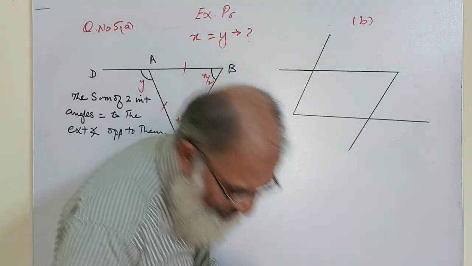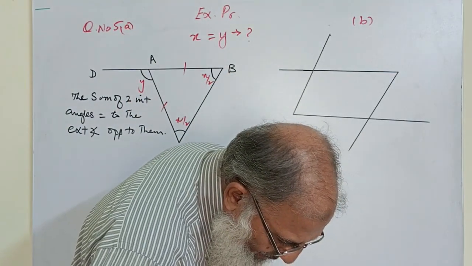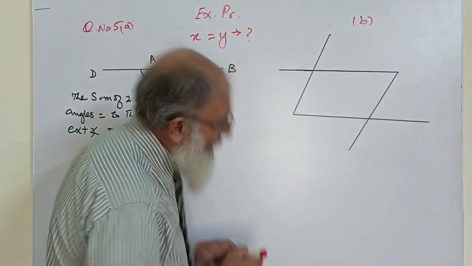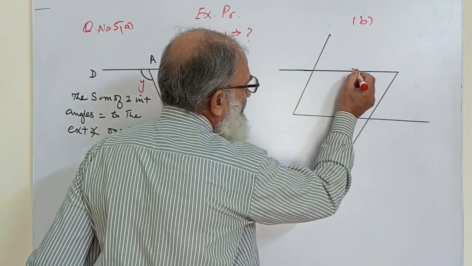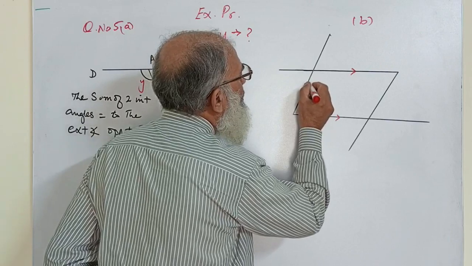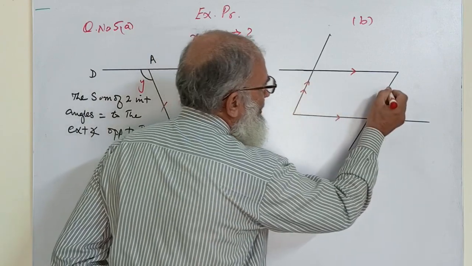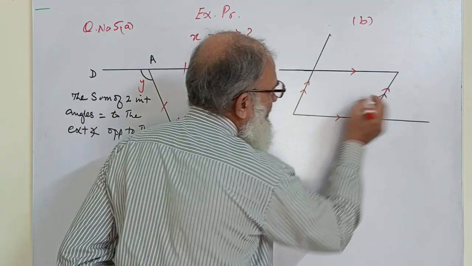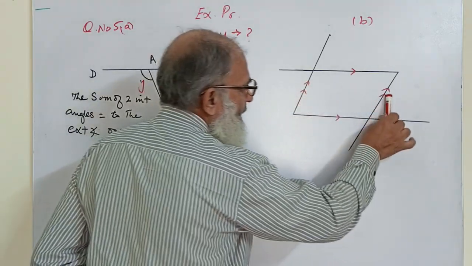Now for this one, there are two parallel lines. In fact, this is a parallelogram. This sign shows us this is a parallelogram because the two opposite sides are parallel in this case. Now this side is parallel to this side.